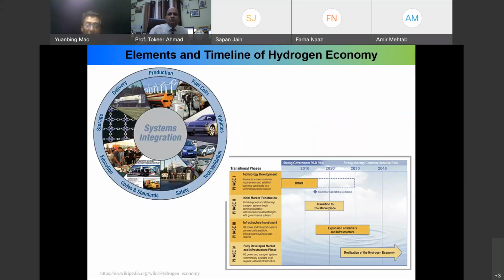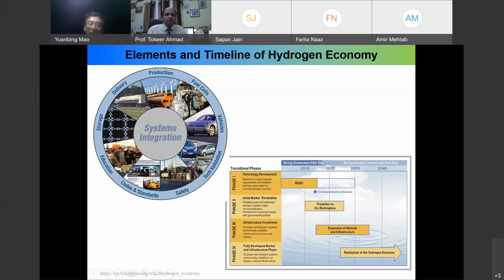So in terms of the elements of the hydrogen economy, there are different components. The topic I will spend more time on today is related to storage only, but this is not the only thing. As I showed you earlier, there's production, there's delivery, and then how we use it.